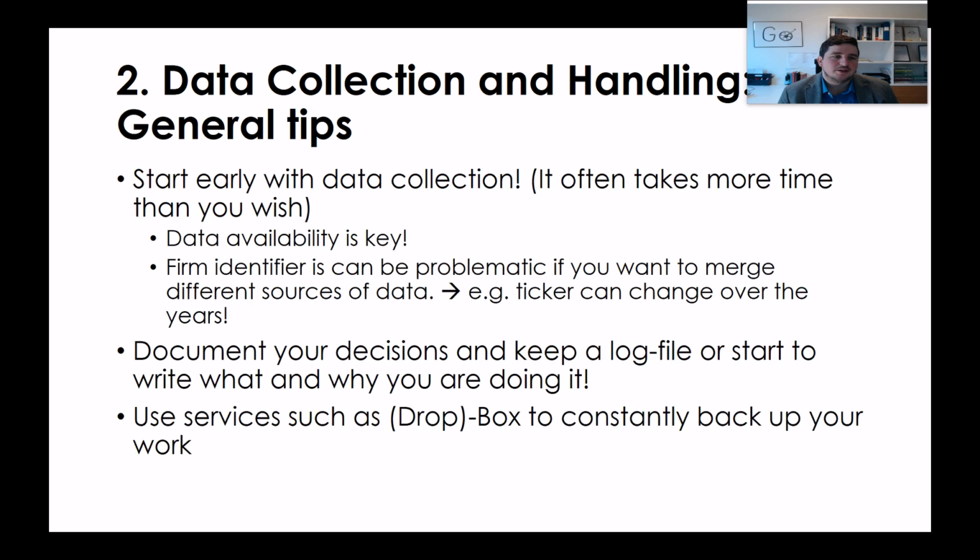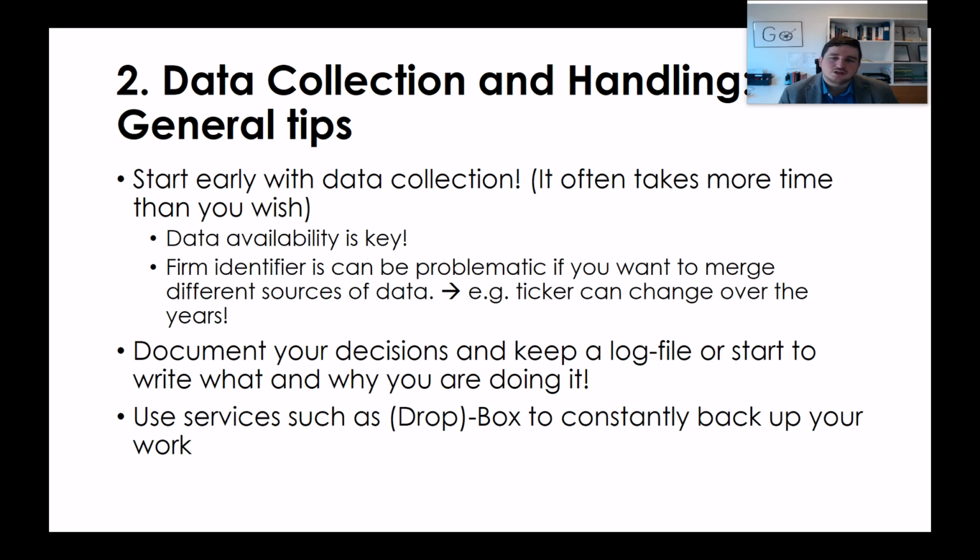Good. And some general tips. I would recommend you really start early with data collection. It often takes more time than you wish, and often your research question might be changed slightly because you're not able to find all the data that you really want. From my experience, firm identifiers can be problematic, so you really need to not throw out information too early.